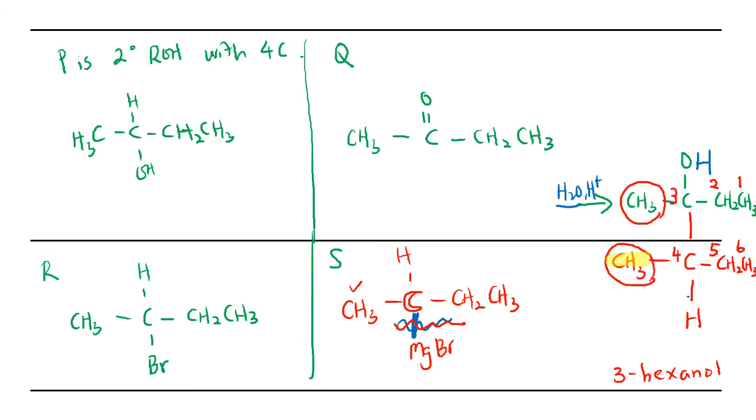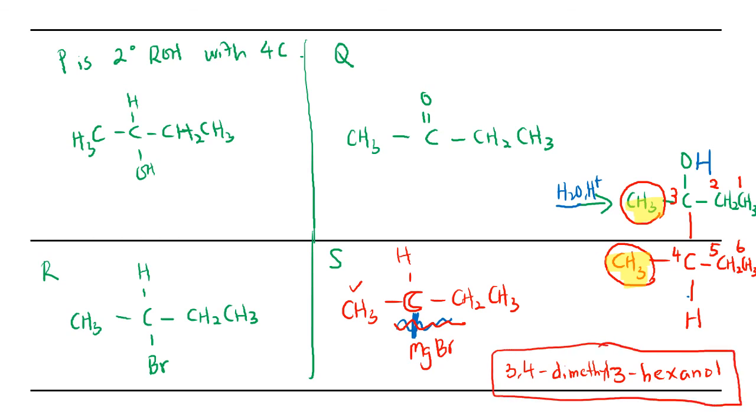Let's highlight the substituents, which are 3,4-dimethyl. So 3,4-dimethyl-3-hexanol is the product. When we get this structure, we know the structures of P, Q, R, and S that we drew just now are the correct answer.